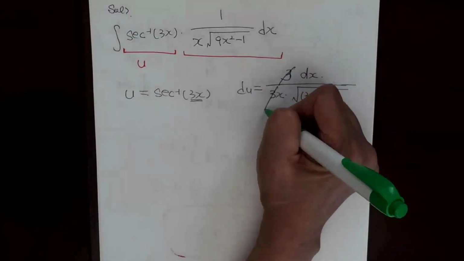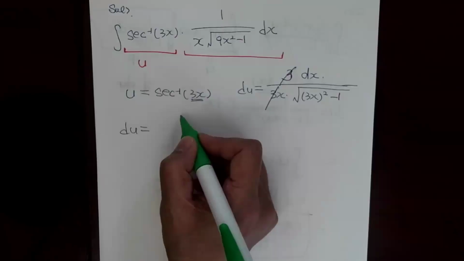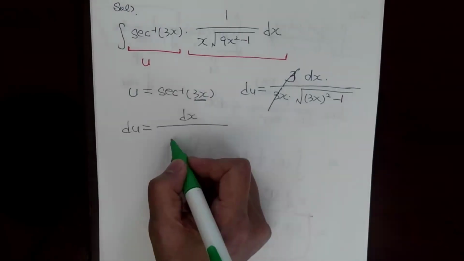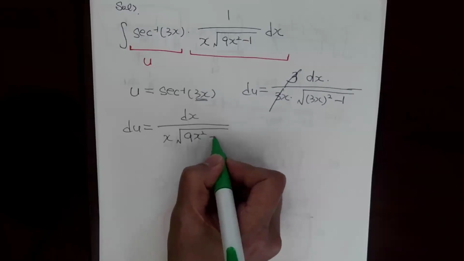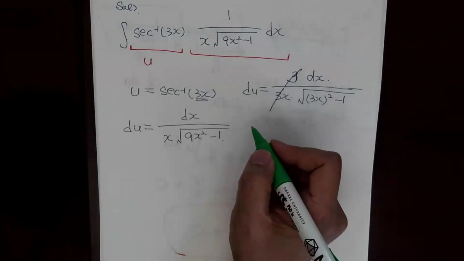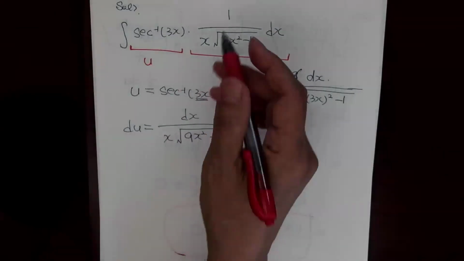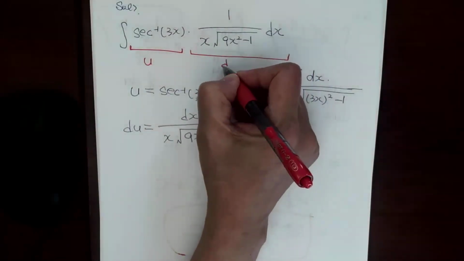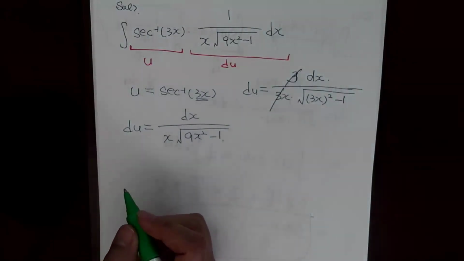These two will cancel each other, and we can say that du equals dx over x times the square root of 9x squared minus 1. Right? So indeed, the second part is du, not just up to a constant.